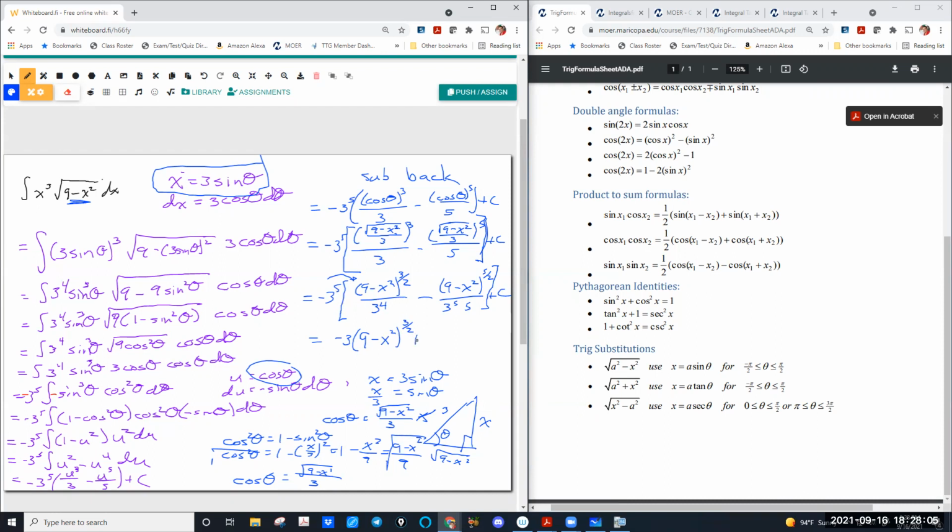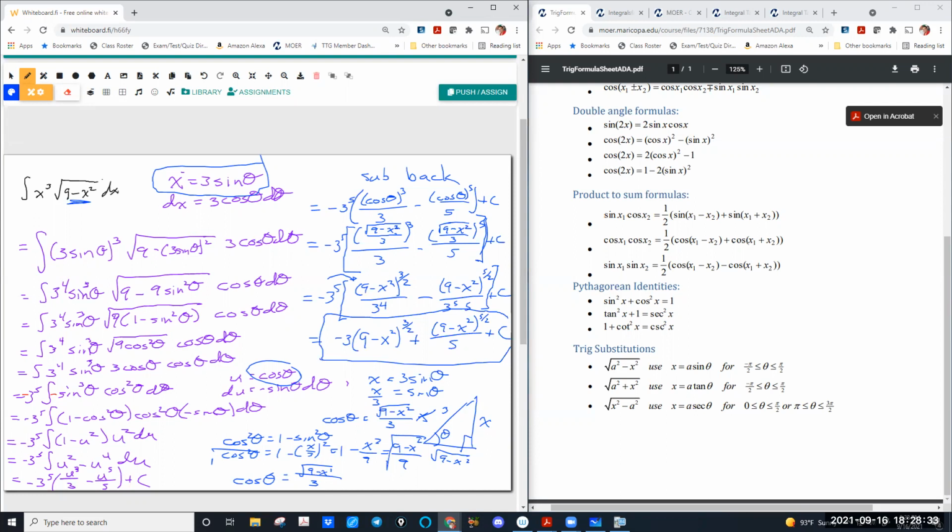The negative is going to switch the sign, and we're going to have 9 minus x squared to the 5 halves over 5 plus c. It is not pretty. If you have to use trig substitution, a lot of times the answer does not come out pretty, but it is another integral that we can do by hand.